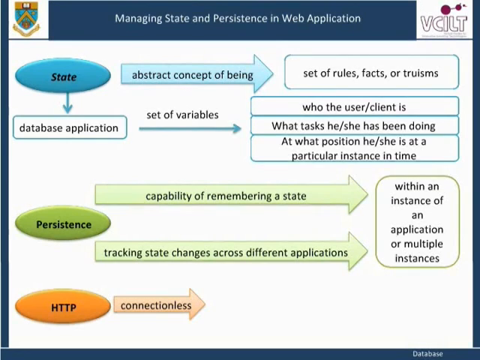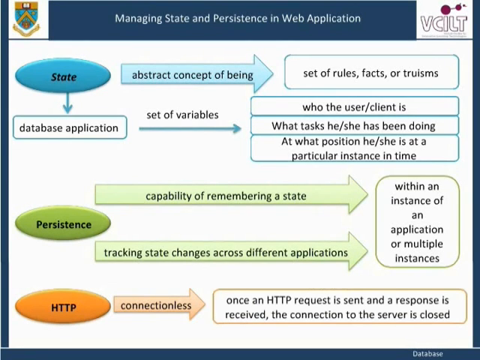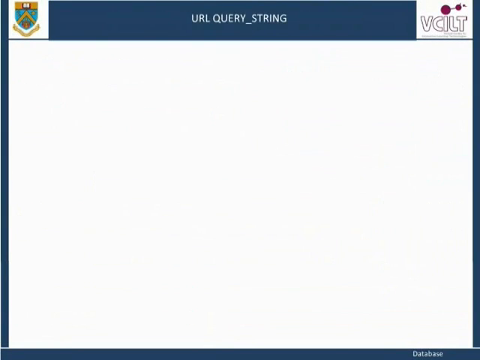HTTP is connectionless, which means that once an HTTP request is sent and a response is received, the connection to the server is closed. If a connection were to be kept open between client and server, the server could at any time query the client for state information, and vice versa. URL, query string.